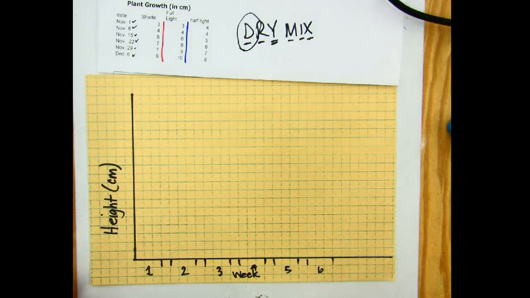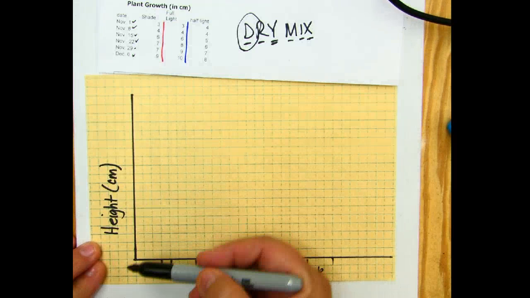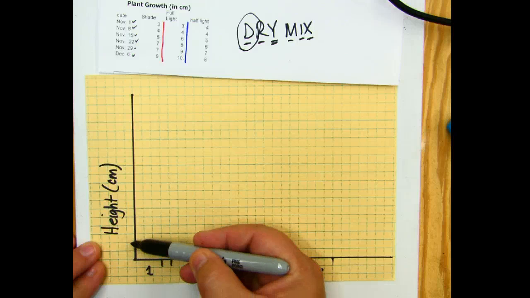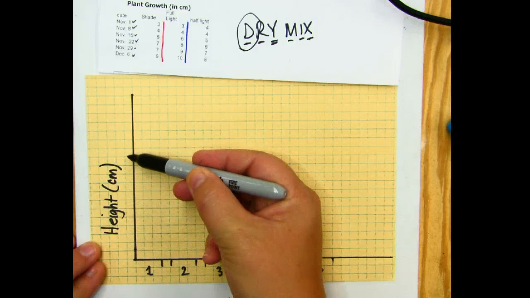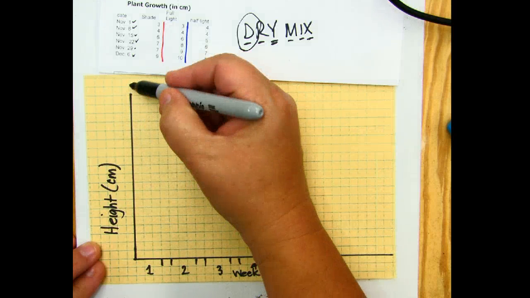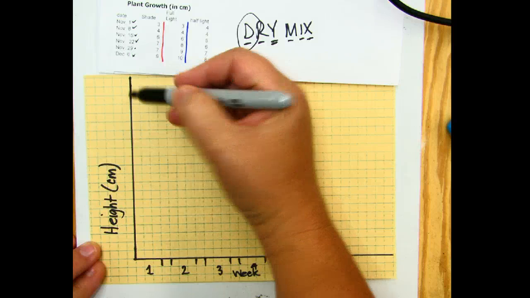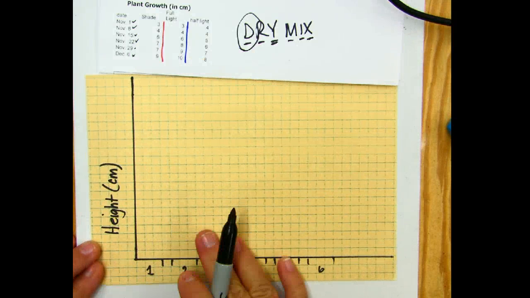And I can do the same thing that I did before. The highest one is 10 centimeters. So let's see, 1, 2, 3, 4, 5, 6, 7, 8, 9, 10, 11, 12, 13, 14, 15, 16, 17, 18, 19. I've got enough to do 2 blocks for every 1 centimeter.